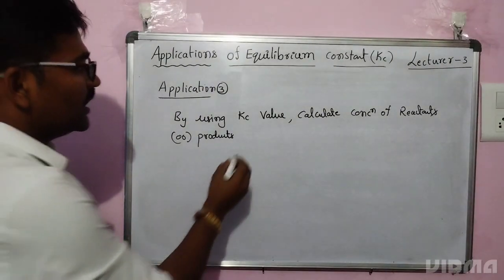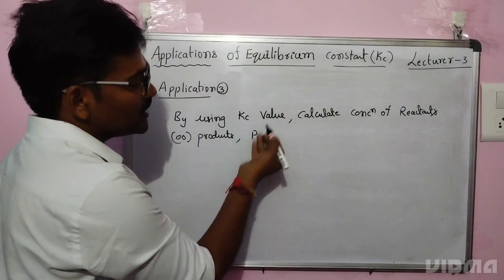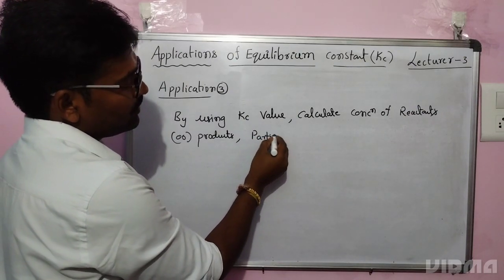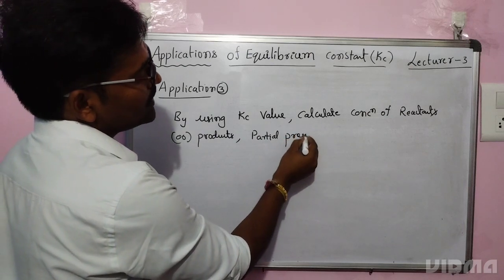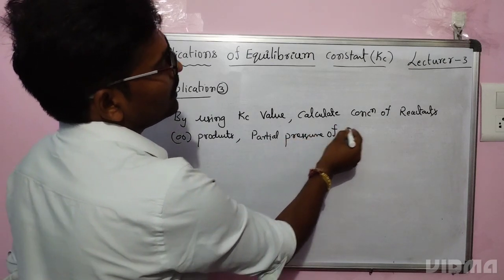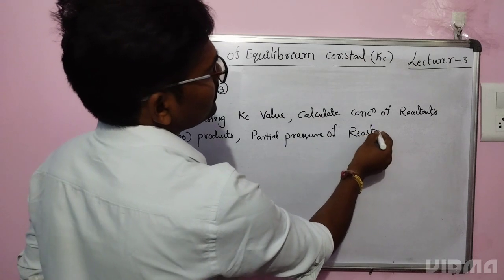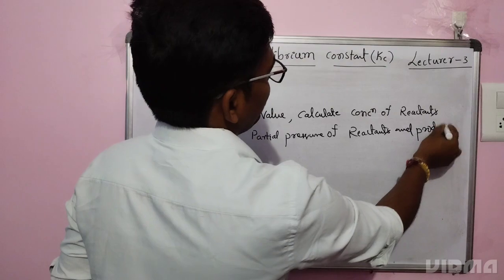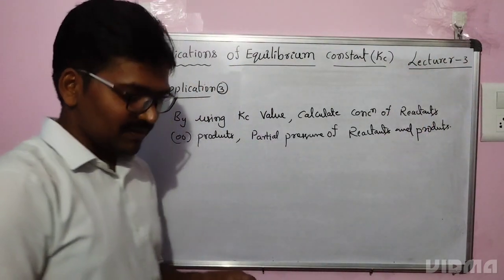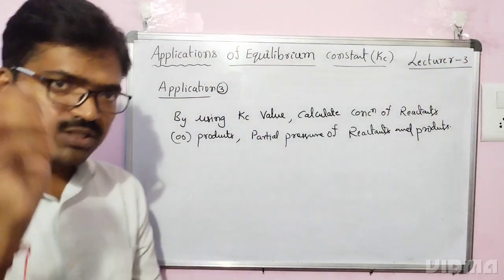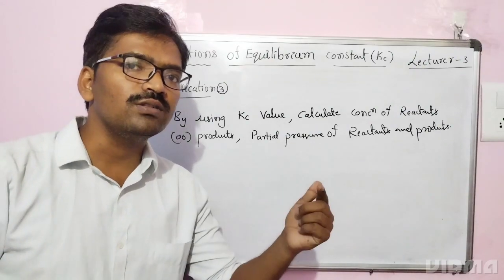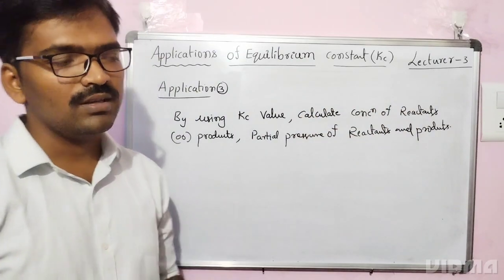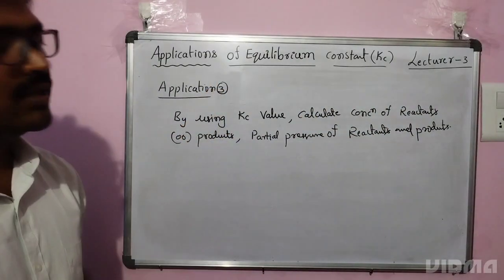Or otherwise, if you take the Kp value, we can calculate the partial pressure of reactants and products. So both we can calculate. By using the equilibrium constant value, we can find out the concentration of reactants or the concentration of products. That is application number 3.